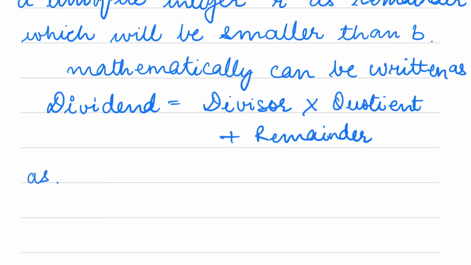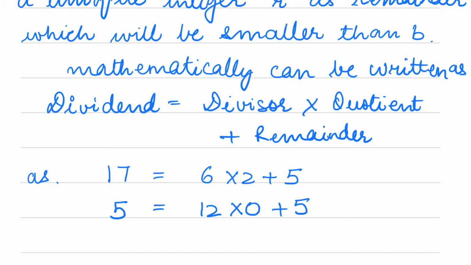Like we have 17. This I can write down. If the divisor is 6, I'll get the quotient as 2 and remainder as 5. If I divide 5 by 12, the quotient will be 0 and the remainder will be 5.